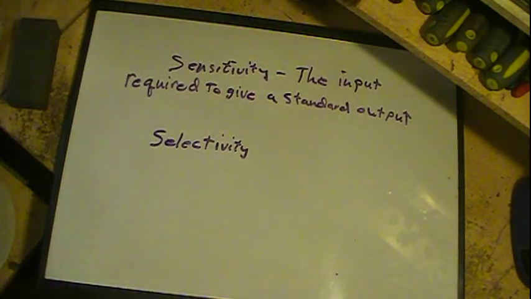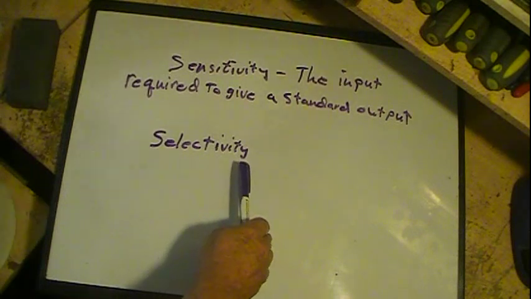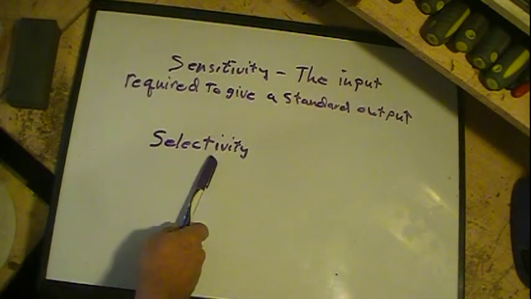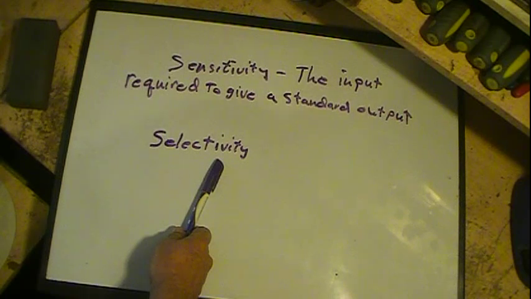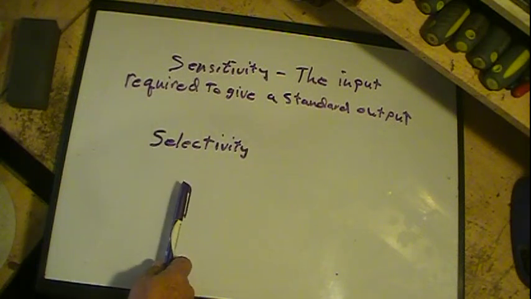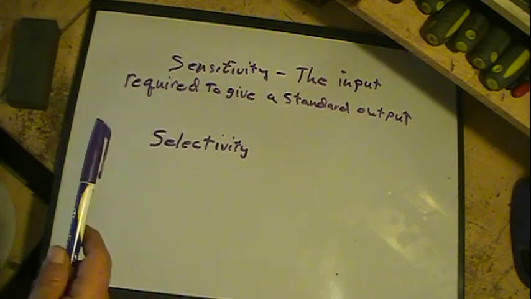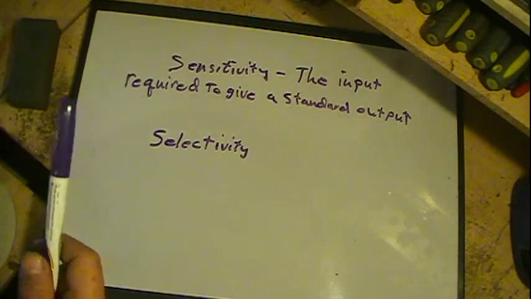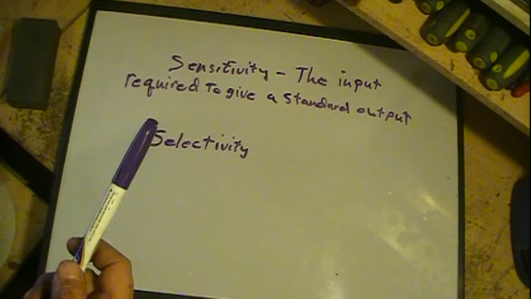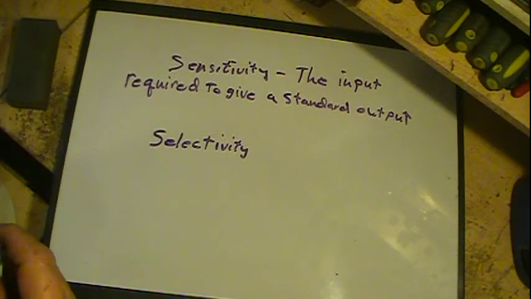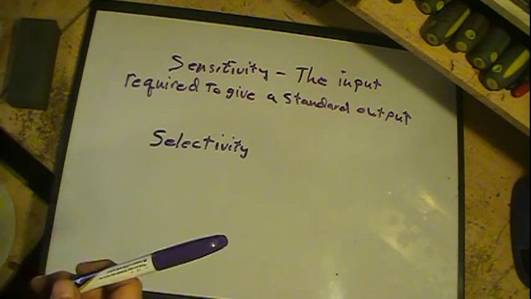Now, selectivity is, well, basically it's a measure of the radio's ability to attenuate unwanted signals. Basically what selectivity is looking at is adjacent channels, especially stronger ones. To give an example, let's say you've got a radio station you like listening to, say right on 1010, and it's a little bit weaker station than, say, a station at 1020.